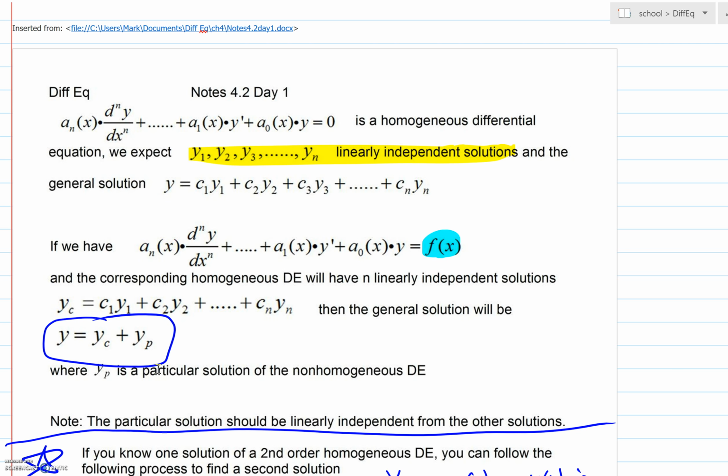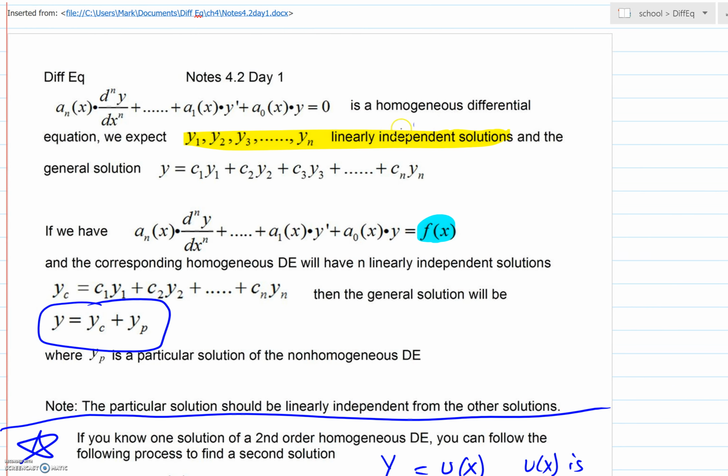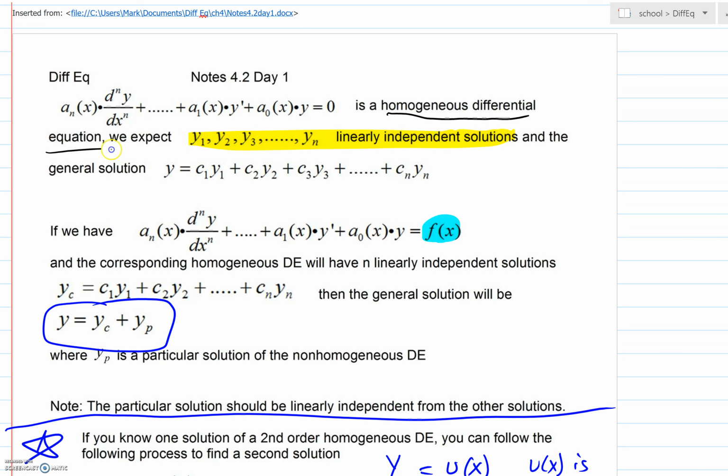Let's say we have an nth order homogeneous differential equation. We'd expect there to be n separate linearly independent solutions. That means, of course, if we had a fourth derivative being the highest power, we'd expect there to be 4 linearly independent solutions.